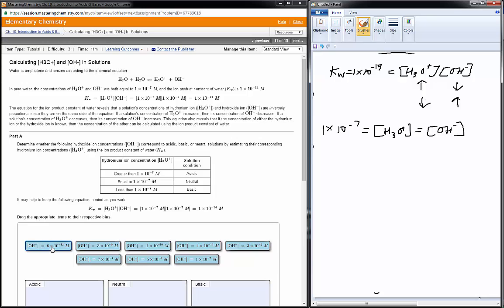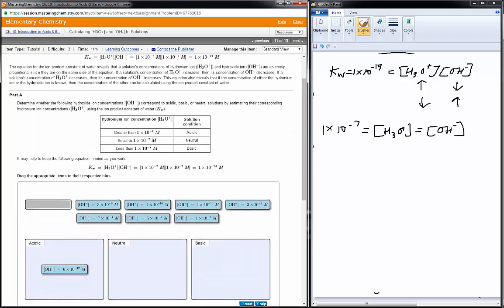And vice versa. So here, if the OH minus is 6 times 10 to the negative 12th, that is much lower than 1 times 10 to the negative 7th. That means that the H3O plus is much higher than 1 times 10 to the negative 7th, which means that that is an acidic solution.